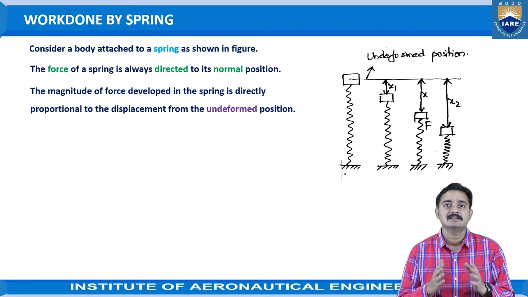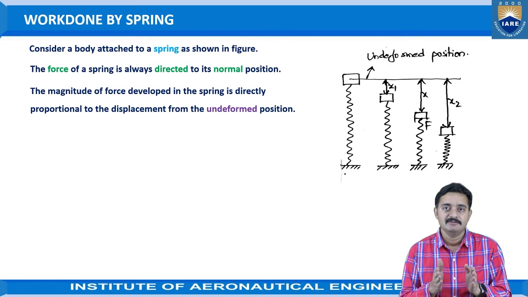Let us say some 20 centimeter spring has been compressed to a length of 15 centimeter. Then the force used to compress that 5 centimeter distance is directly proportional to the length.